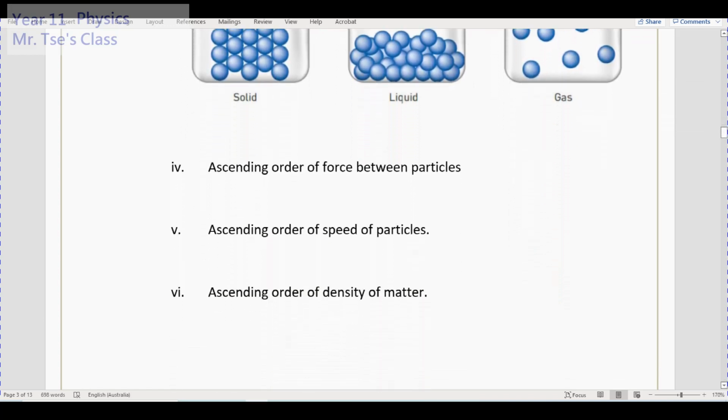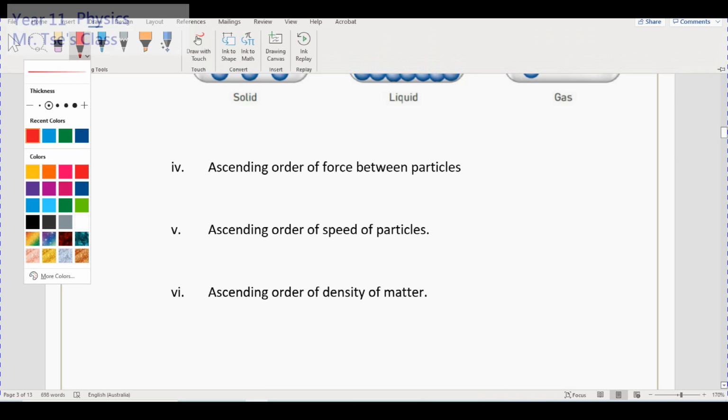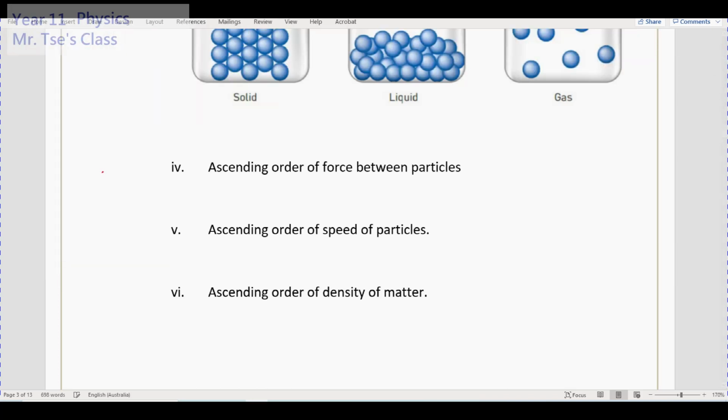And you can have a good guess at this. What will be the ascending order of forces between the particles, the ascending order of the speed of the particles, and the ascending order of density of matter? Let's do it really quickly. Ascending order of forces, we have said that before actually.